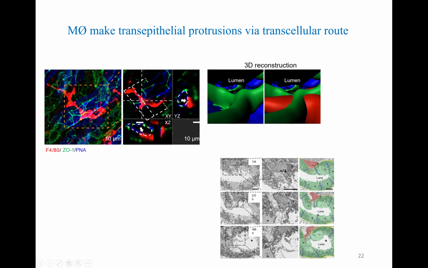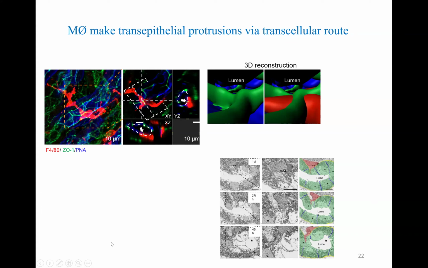This transcellular route was confirmed by electron microscopy of serial sections. You can see the protrusions actually pass through the cell body, not through the border. Next, we used two-photon microscopy to study the dynamics between the juxtatubular macrophages and the tubular epithelium.